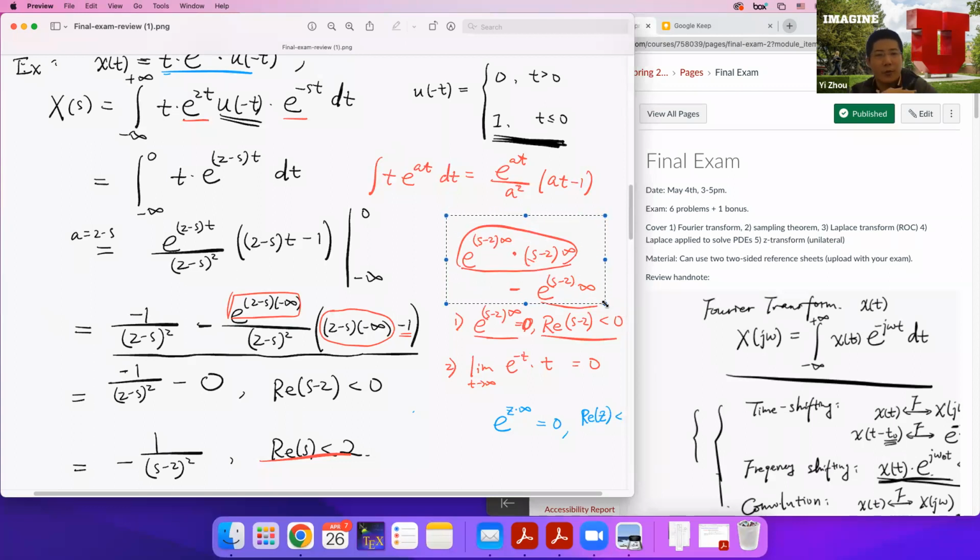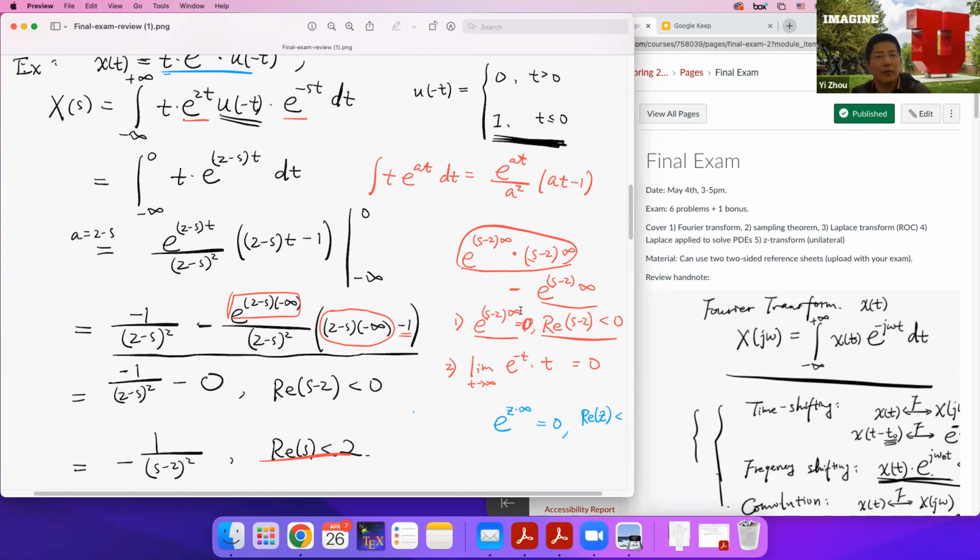In order for both of these terms to converge, we need to discuss their conditions. Let's look at the second term first. The second term is what we have seen in the lecture notes: e to the power of a complex number multiplied by infinity.